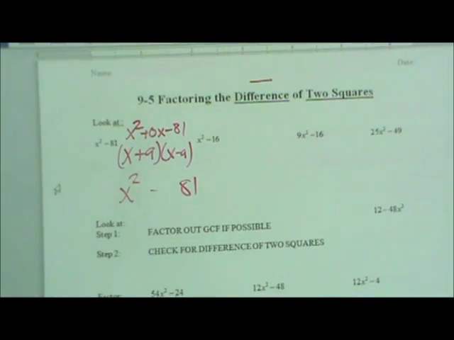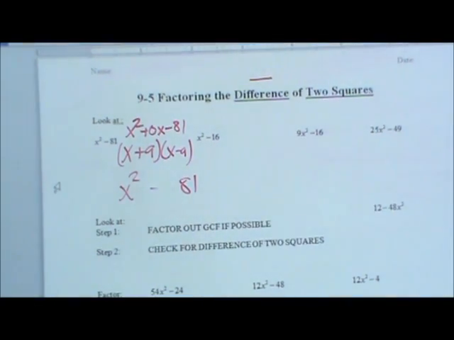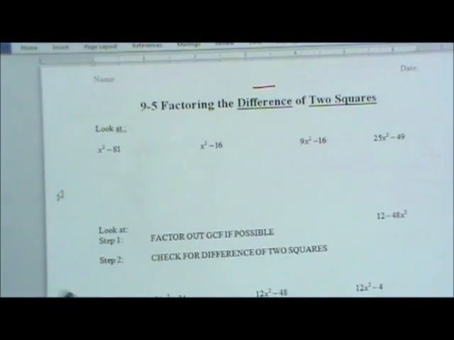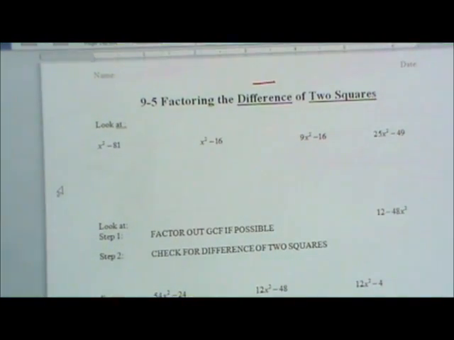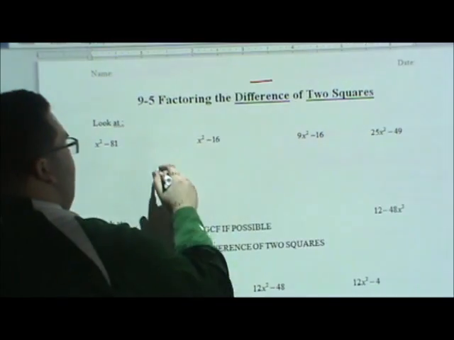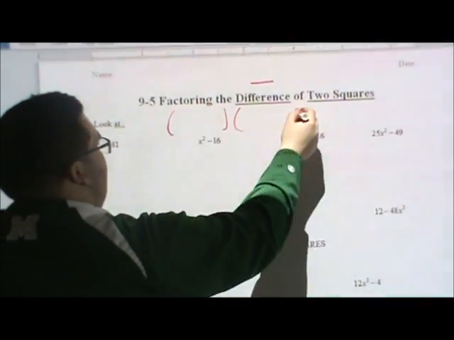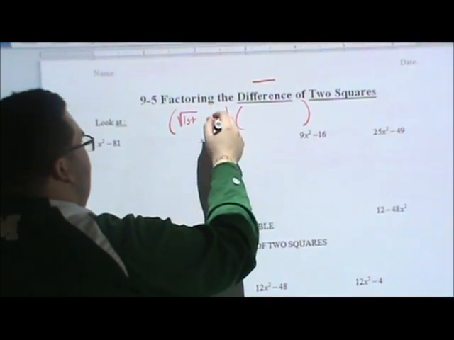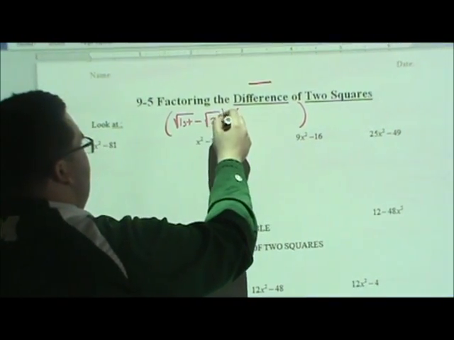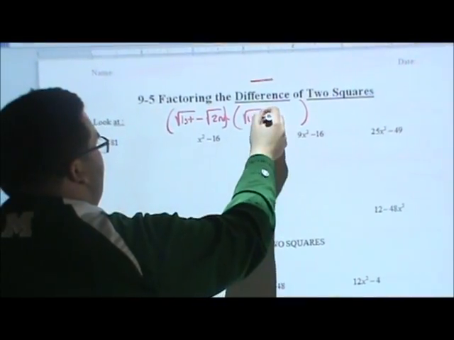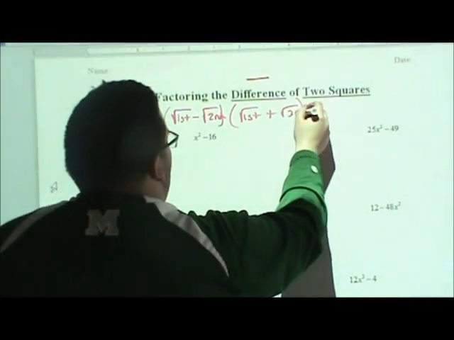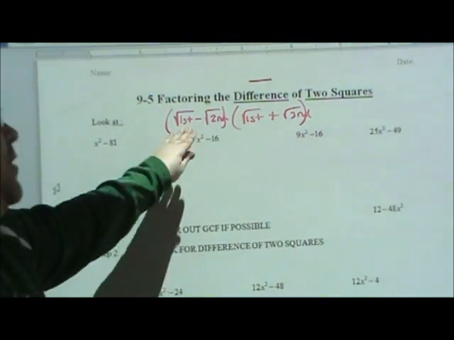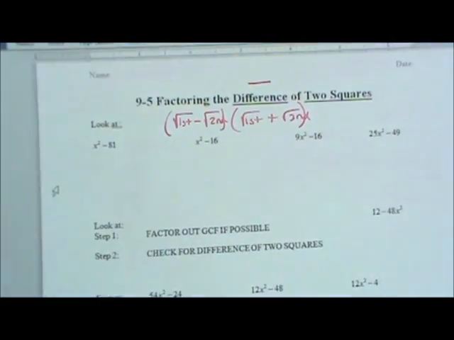But instead of having to write 0x in all our problems, we should just know the shortcut that when we have the difference of two perfect squares, subtraction of two perfect squares, the factoring is always going to be the parenthesis, the square root of your first term, minus the square root of your second, and the square root of your first plus the square root of your second. Does it matter if the plus or the minus goes first? No. You could put the plus here, you could put the minus there, but that's the general pattern.